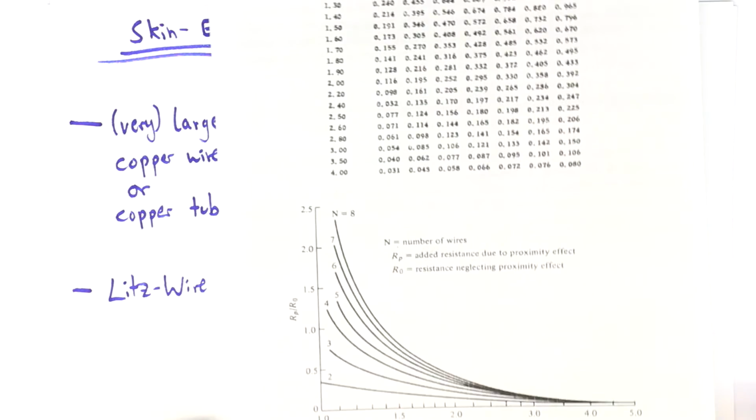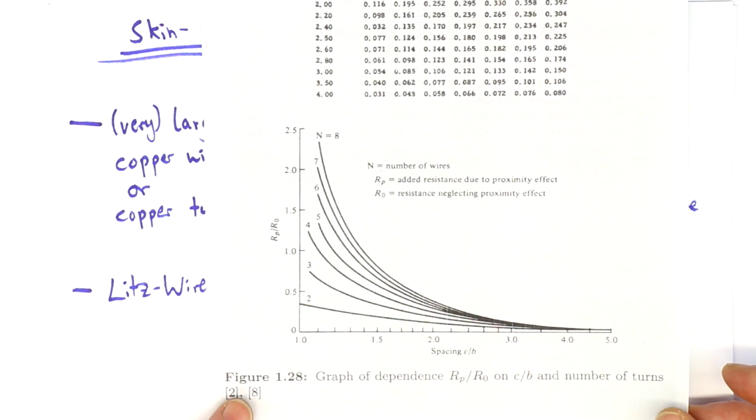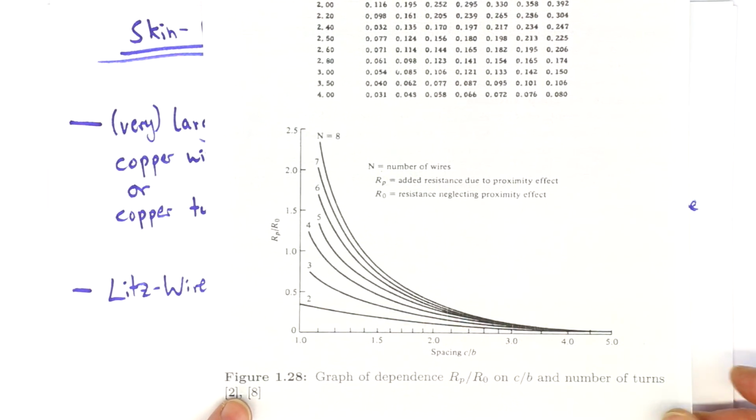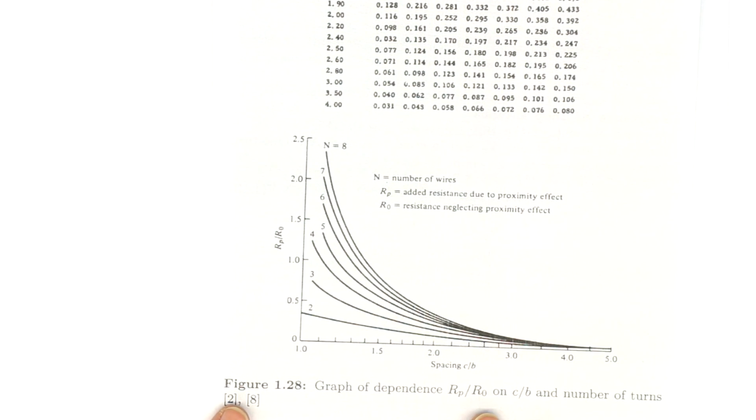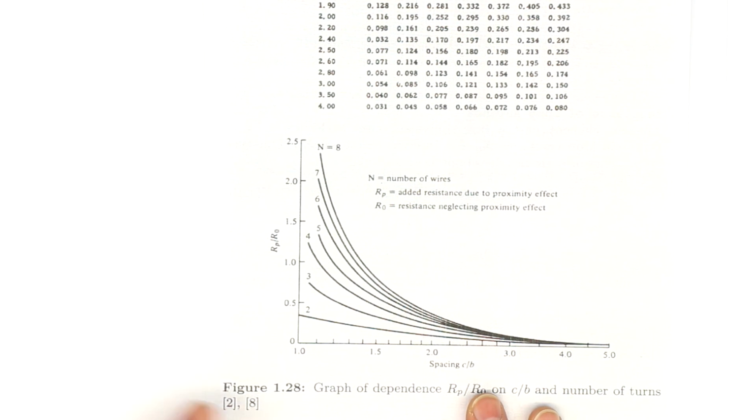There is one very interesting graph which proves this. We'll put away the other paper. So here we can see on the x-axis we have the spacing. That's the ratio between the distance of each turn to the diameter of the wire.